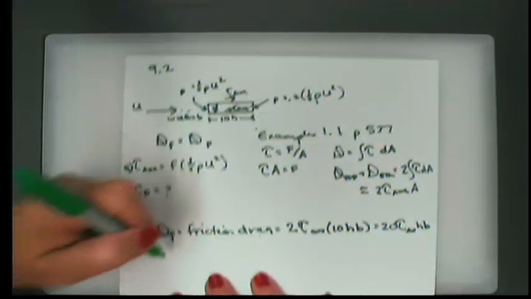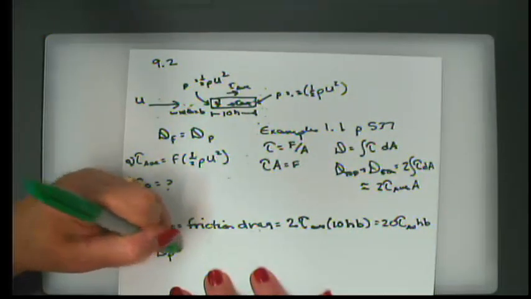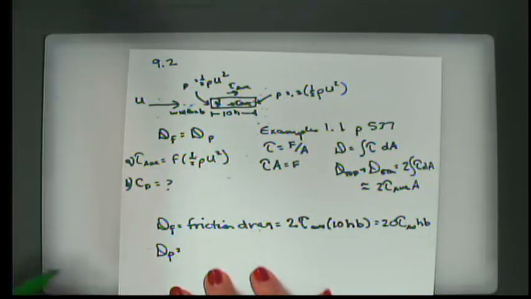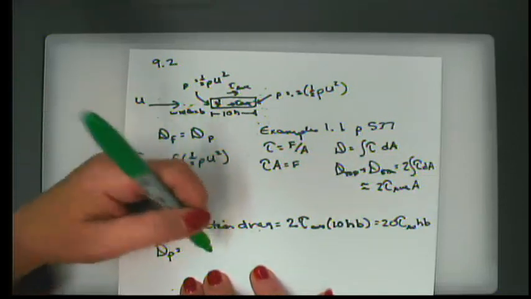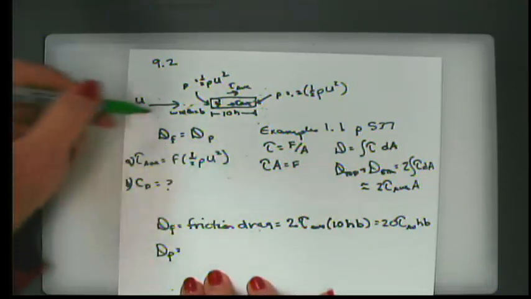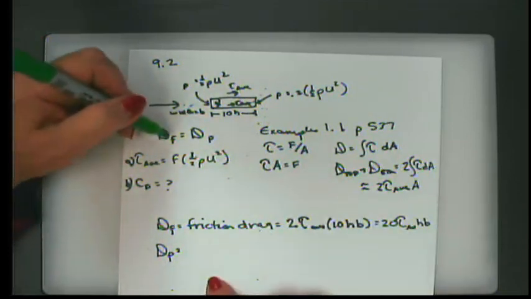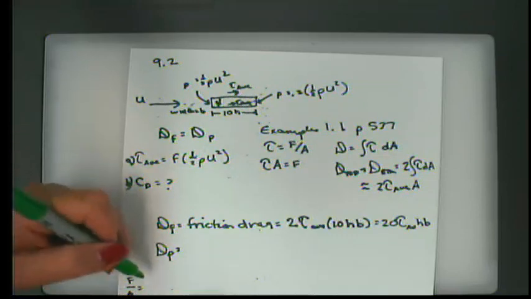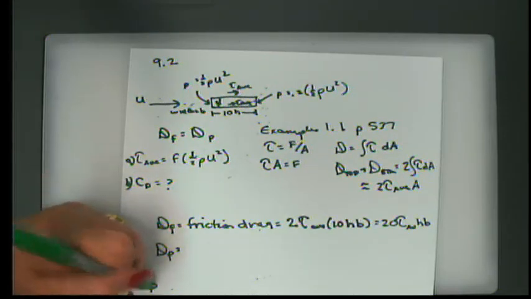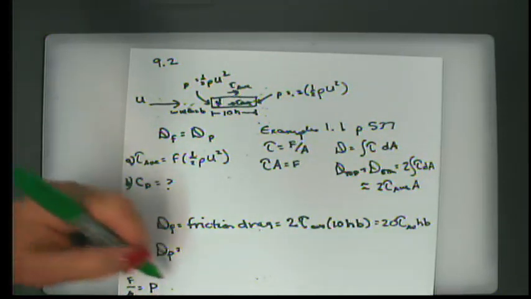If I take a look at pressure drag, which I know is different on the leading edge than on the trailing edge, going back to the same idea, force per area is equal to a pressure. It can be a pressure or it could be a tau.